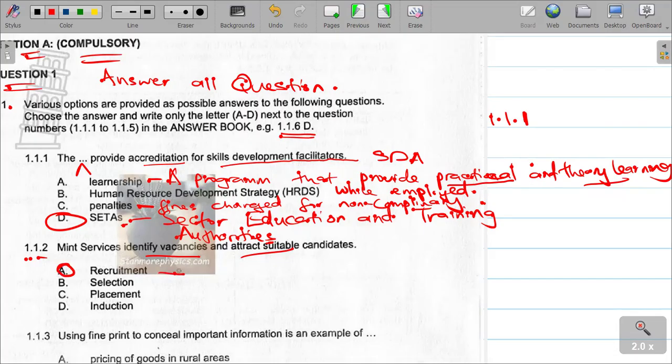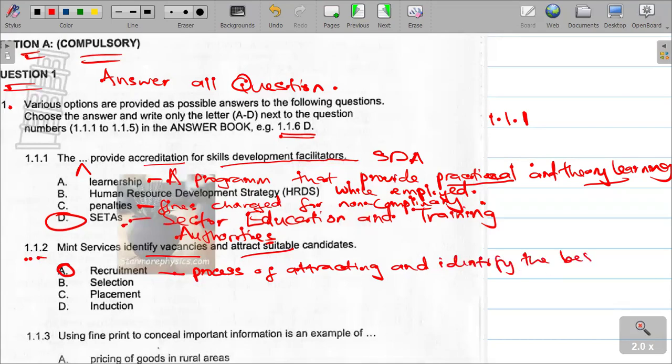Recruitment is defined as a process of attracting and identifying the best candidate to fill a vacant position. That's what you call recruitment.